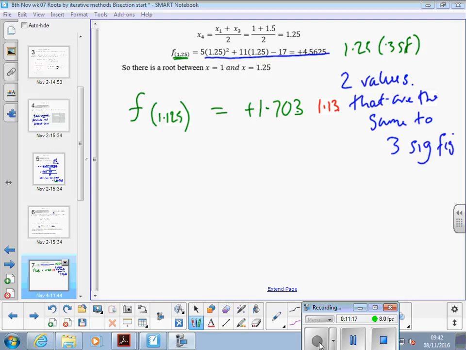So what's halfway between 1.25 and 1? 1.125? No, sorry, 1.125 is 0.0625 on.